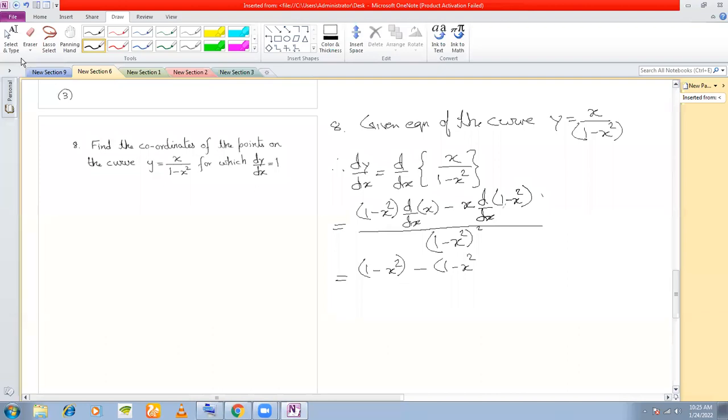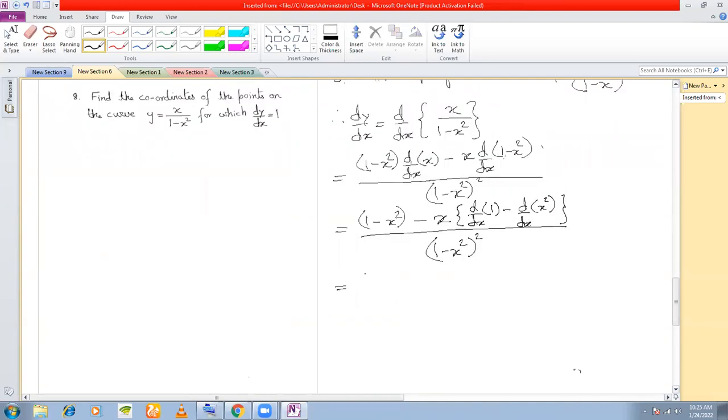Right? So now this should be x into d/dx of 1 minus x square, which is d/dx of 1 minus d/dx of x square, divided by 1 minus x square whole square.